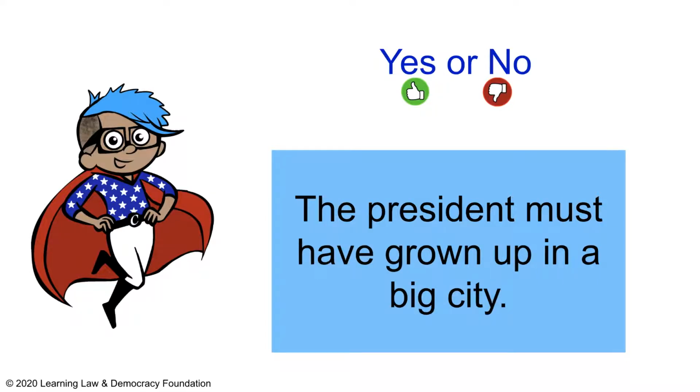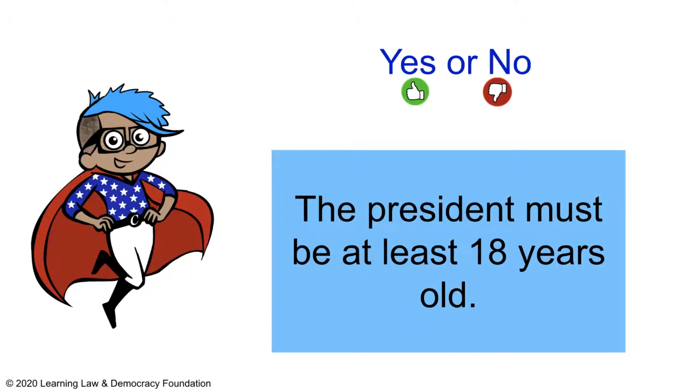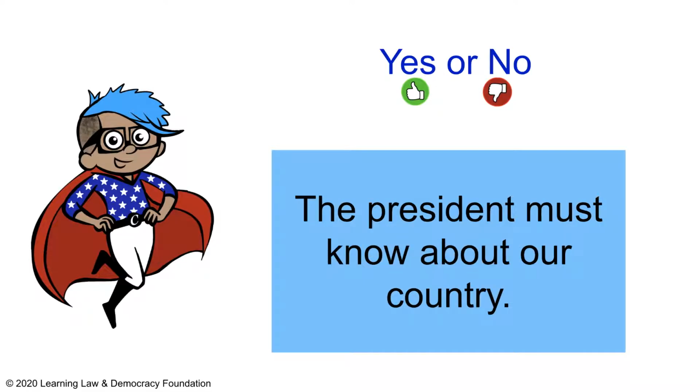Yes or no? The president must have grown up in a big city. Yes or no? The president must be at least 18 years old. Yes or no? The president must know about our country.